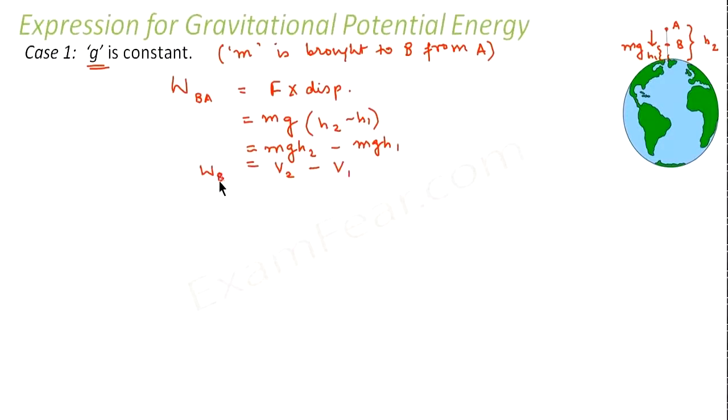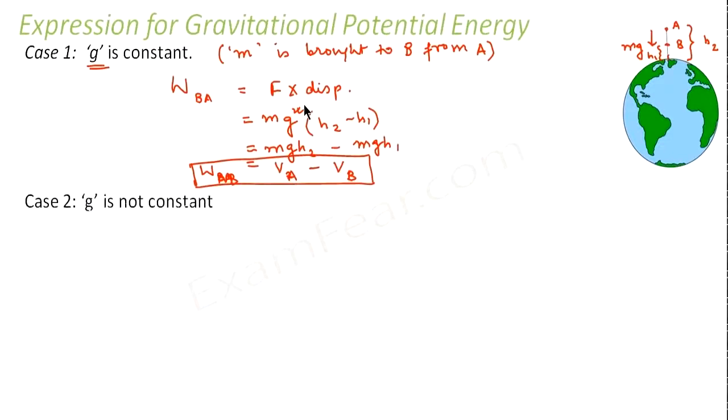Therefore, work done in moving an object from A to B is the potential energy at A minus potential energy at B. So the work done is equal to the difference in potential energies when we consider that g is constant, that g is not varying in this case, right?